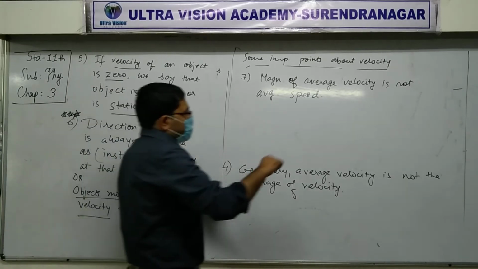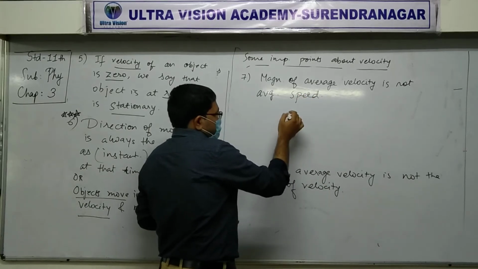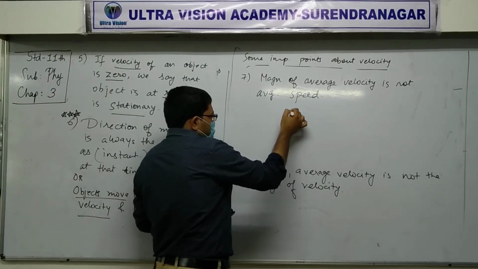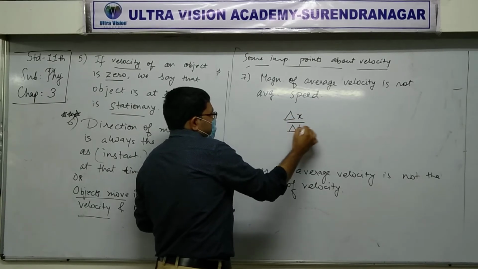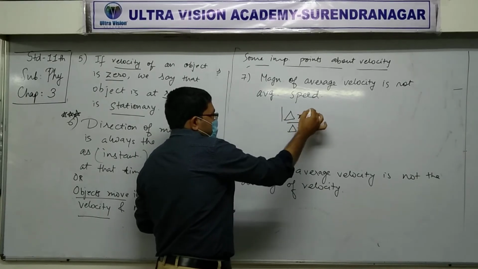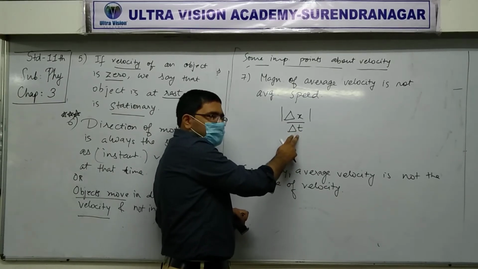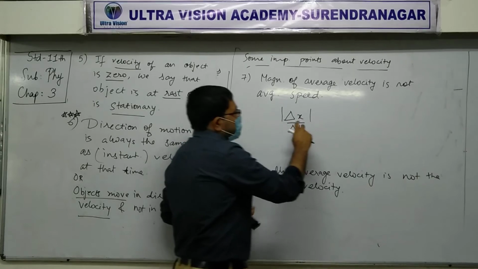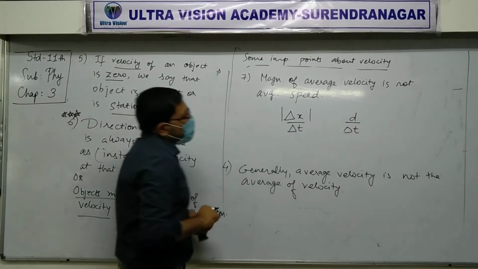If I write the two formulas, what is the magnitude of average velocity? First of all, average velocity. Average velocity formula is delta x upon delta t. And magnitude means putting a modulus. You don't need to put modulus on the time here because it is always positive. The time interval will not be negative. So we are saying that this and this are not equal.